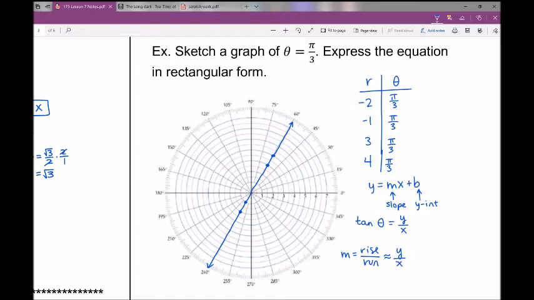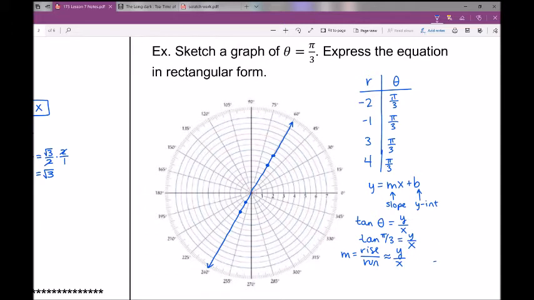So in this case, we just have that the tangent of pi over 3 is going to be equal to our slope. So we first need to think about what is the tangent of pi over 3. Well, we know that tangent of pi over 3 is going to be equal to the sine of pi over 3 over the cosine of pi over 3.